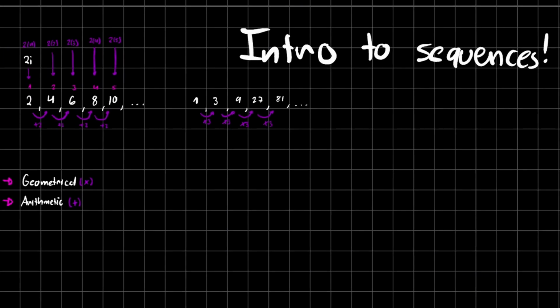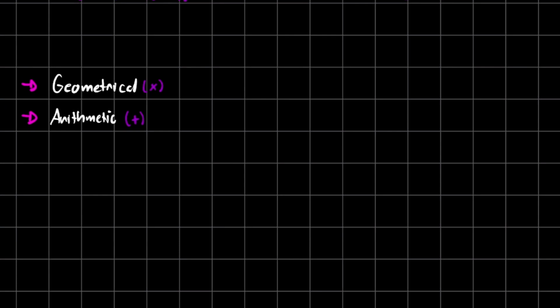So up until now, we've understood what geometrical and arithmetic sequences are. Now, how can we actually represent these?